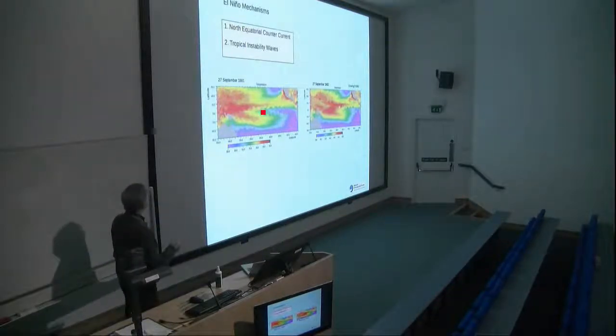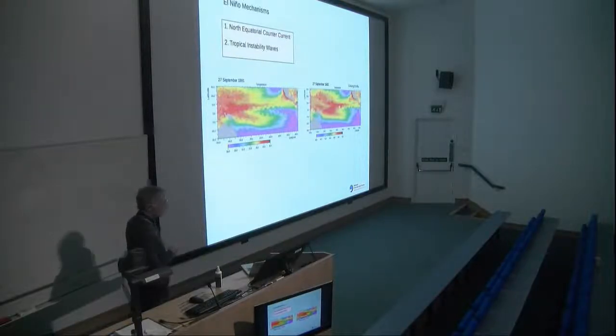You'll notice here we've got strong tropical instability waves extending even into the Western Pacific. They've disappeared in this region here. And what we'll find is that these are very good at mixing heat in and out of the NECC. In fact, they're what's cooling it down in this region, whereas here, when they disappear, the NECC can take heat further east, and it can start new areas of deep convection further east.